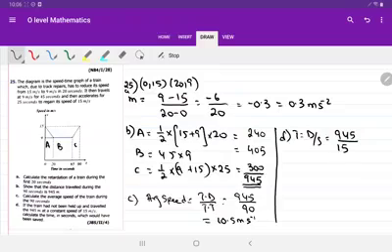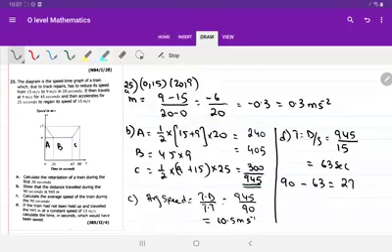If constant speed was there of 15, then the time taken would have been 945 divided by 15, which is 63 seconds. Currently it takes 90 seconds, otherwise it would have taken 63 seconds. So the time saved is 27 seconds. 90 minus 63 is 27 seconds.